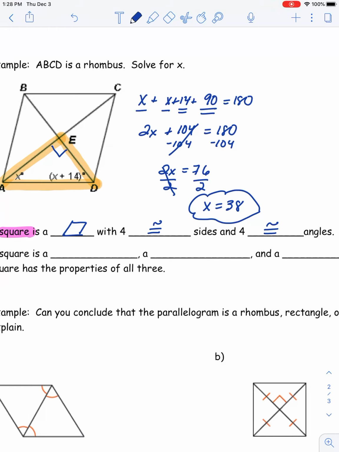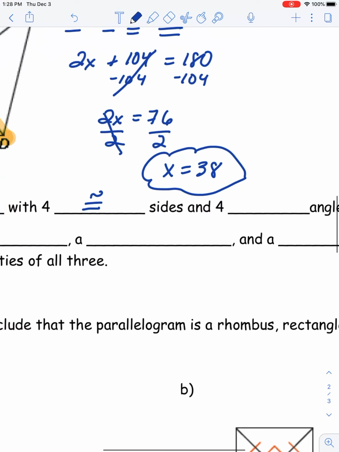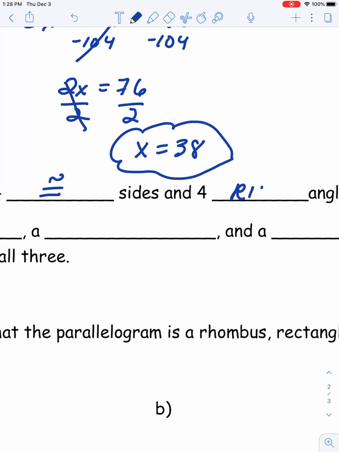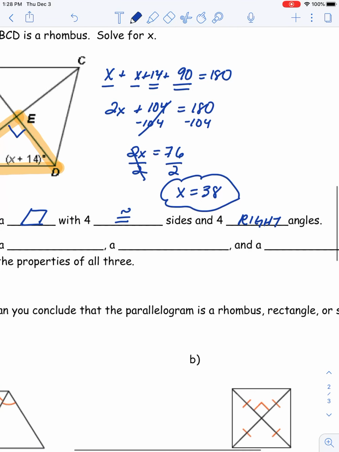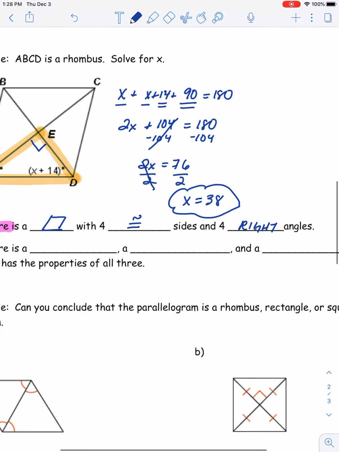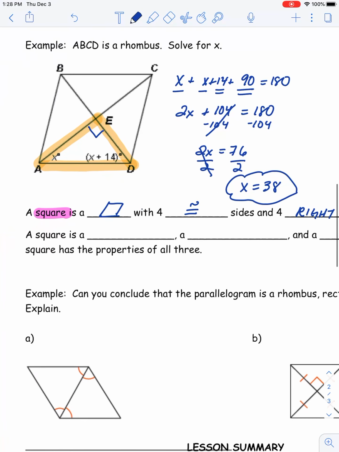So if they're all congruent, maybe instead we should say that they are 4 right angles. There are 4 right angles. They're all the same, 90 degrees. And if you recall, a rectangle also had 4 right angles, but it did not have 4 congruent sides. So that makes a square.